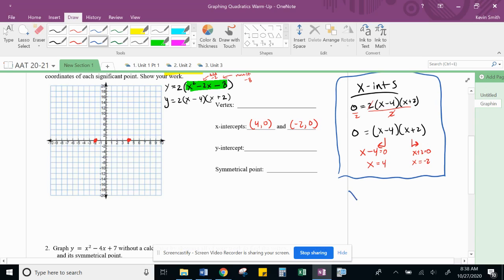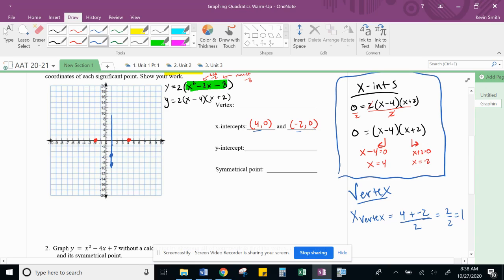So what I can do for the vertex is I can take the average of the two x-intercepts. So the x-coordinate of the vertex will be 4 plus -2, again, these are my two x-intercepts, and then divide that by 2, so that is 2 over 2, which is 1.